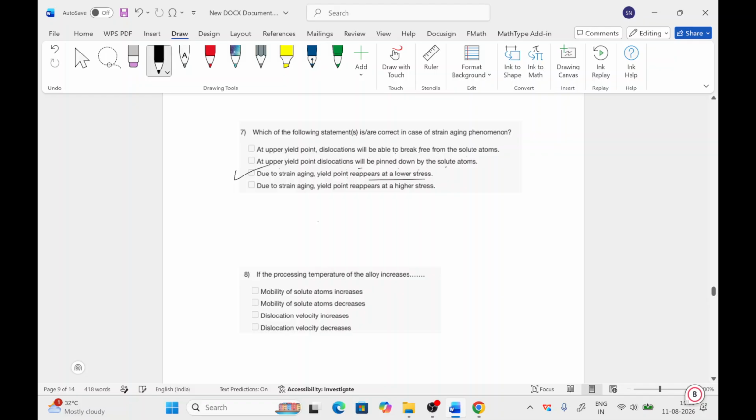No, this is strain aging. In dynamic strain aging, the yield point reappears at lower stress. But for normal strain aging, the yield point reappears at higher stress. This occurs in dynamic strain aging.